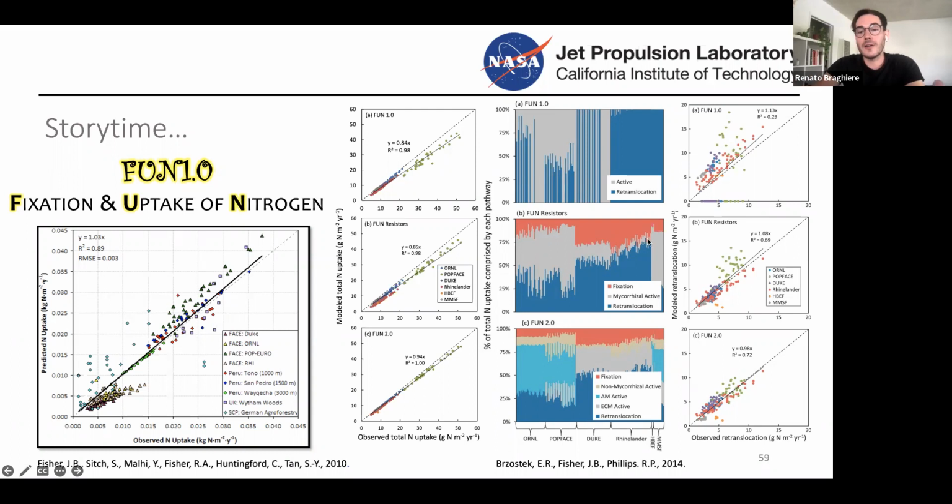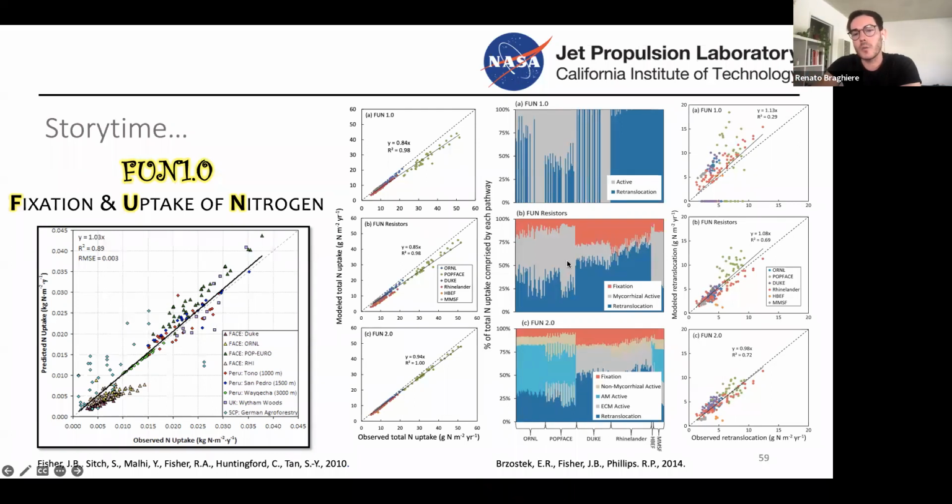And so along the years, Eddie was a postdoc of Rich Phillips in Indiana. And Rich is a biologist. And so they were really thinking about how to add information about mycorrhizal uptake in a model like that.